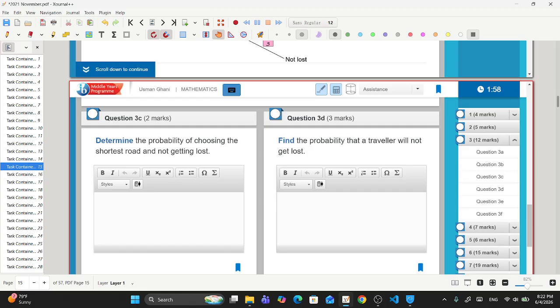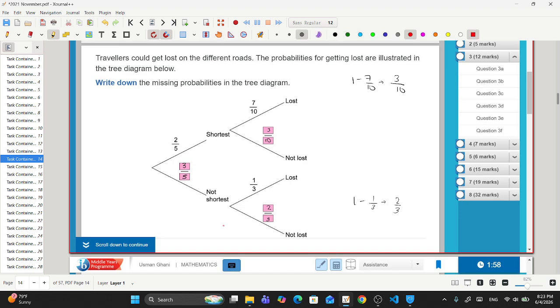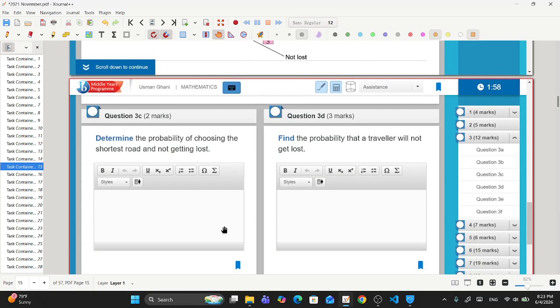Part C says determine the probability of choosing the shortest road and not getting lost. First things first, write the possibility of choosing the shortest road, which becomes 2 by 5.